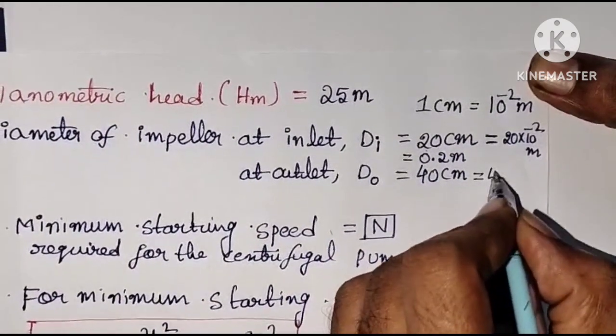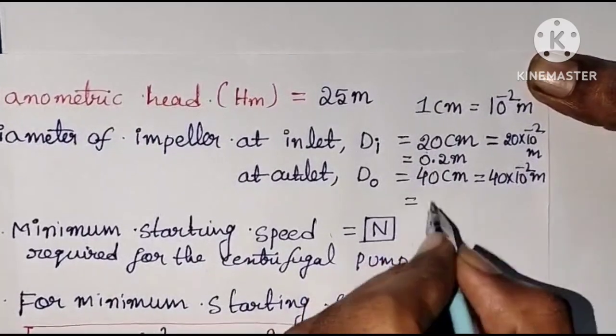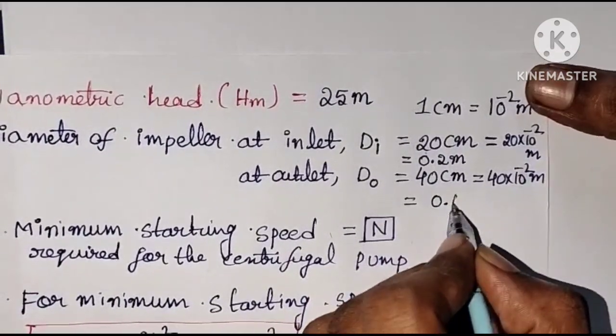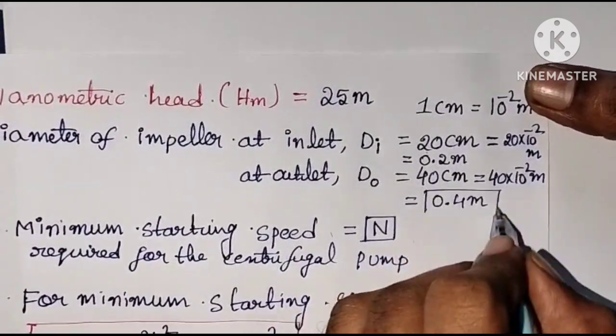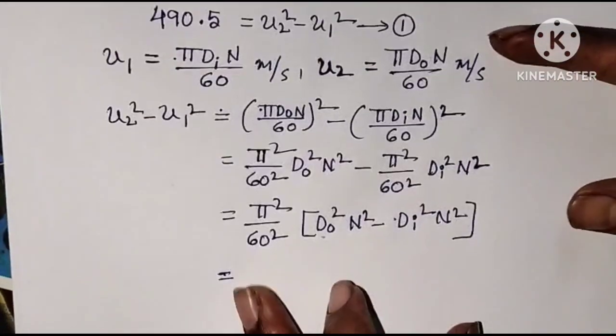Similarly, 40 centimeters is 40 into 10 to the power of minus 2 meters, which is 0.4 meters. Now we have the diameters of the impeller at inlet and outlet, so substitute those values here.